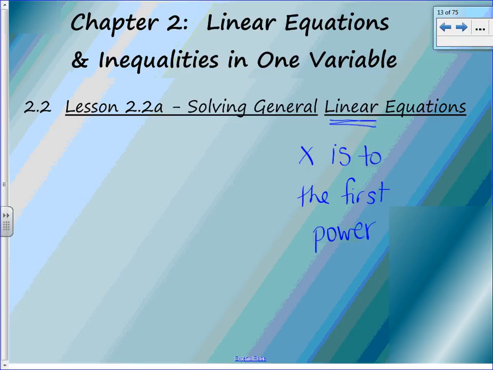So when we are looking at solving, you won't see x to the second, you won't see the square root of x, you won't see any of that. You're only going to see x to the first power.